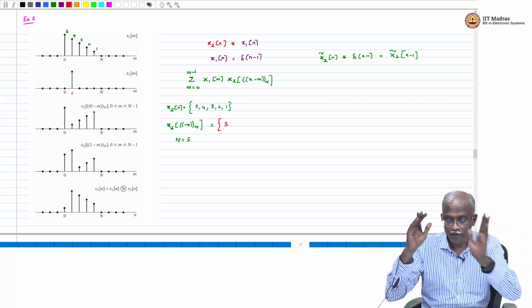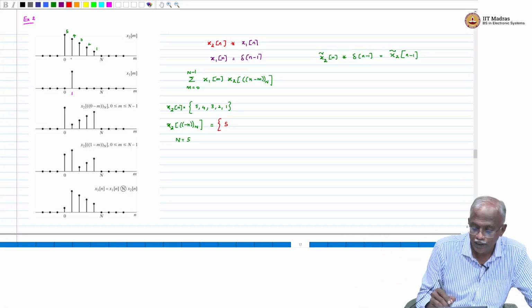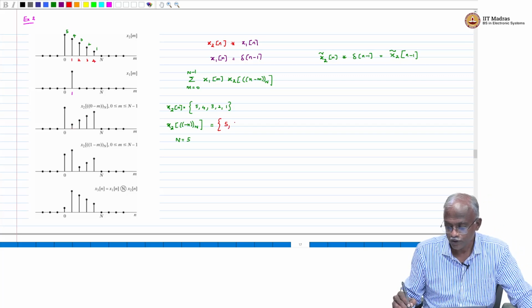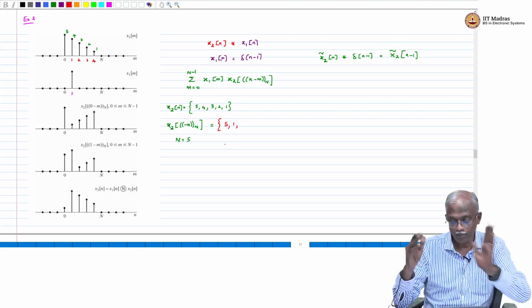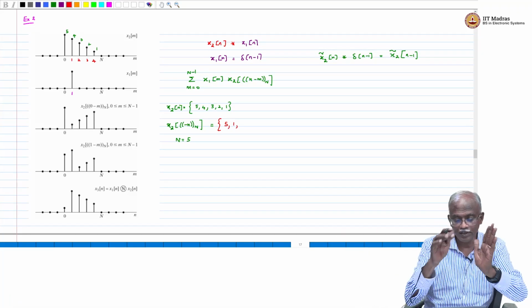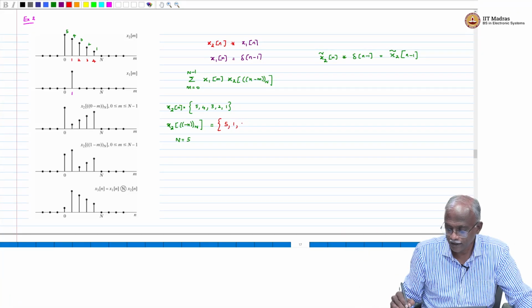So whatever was at position 4 now comes at position number 1. So 5, 1, because that is the sample that has now come in when you do the time reversal. Then comes 2, then 3, then 4.